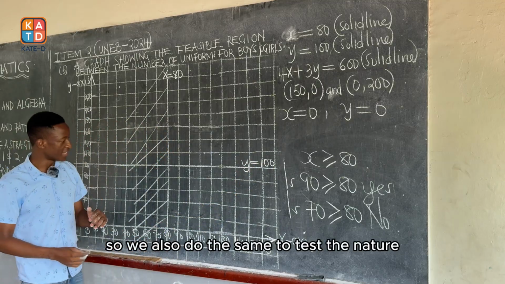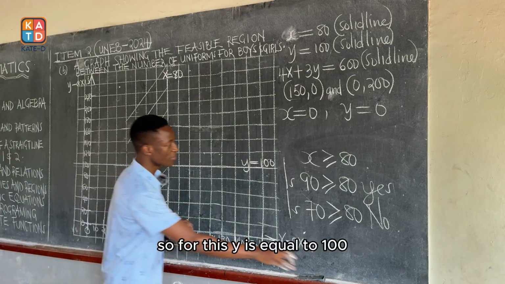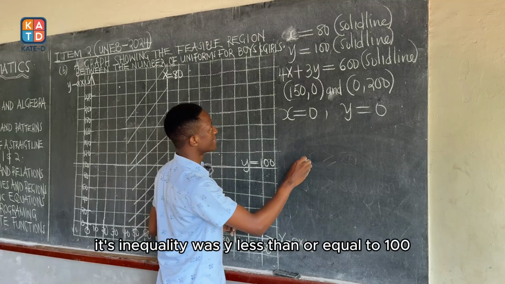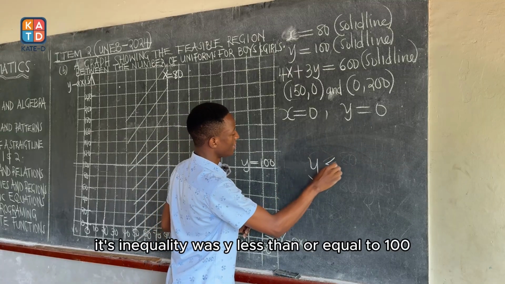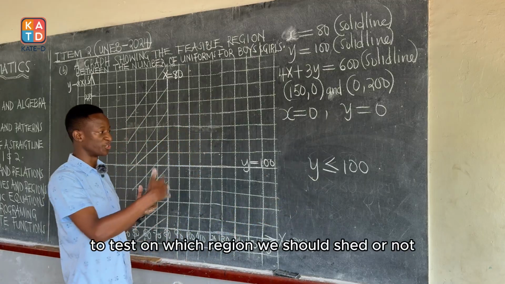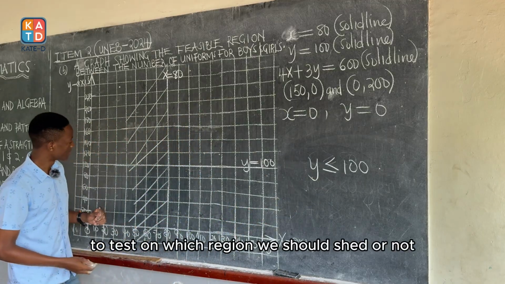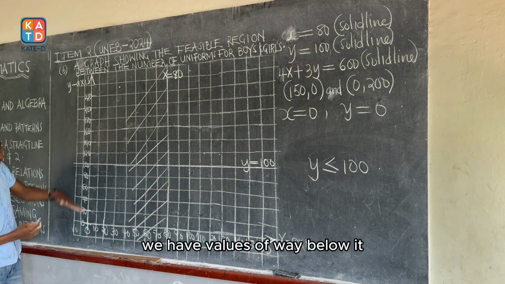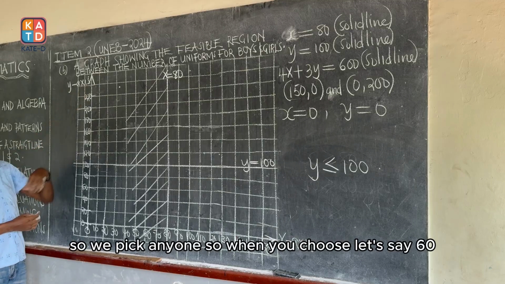So we also do the same to test the nature. For this y is equal to 100, remember its inequality. Its inequality was y less than or equal to 100. So we need to base on this to test which region we should shade or not. When you look at this line here, we have values of y below it and values of y above it. So we pick any one.